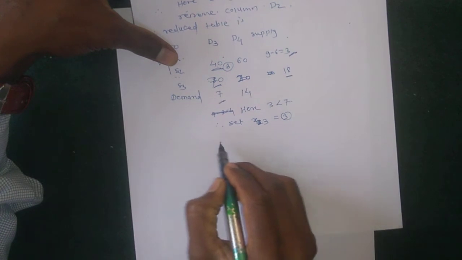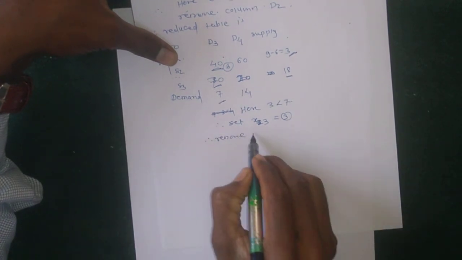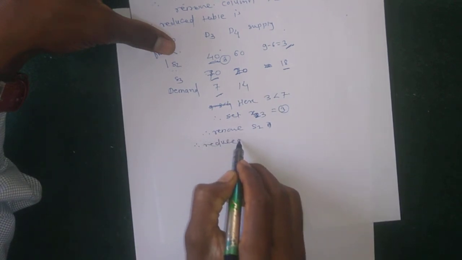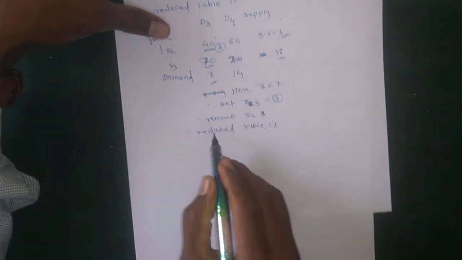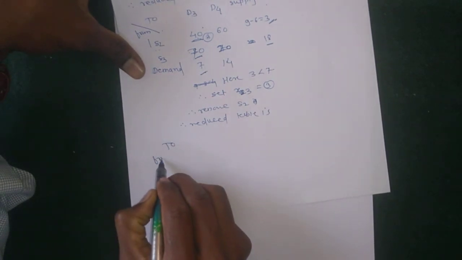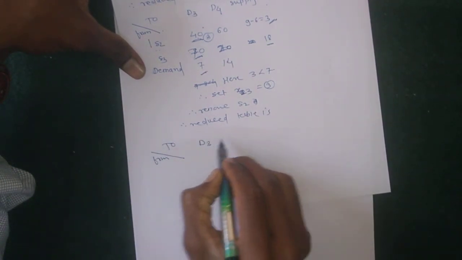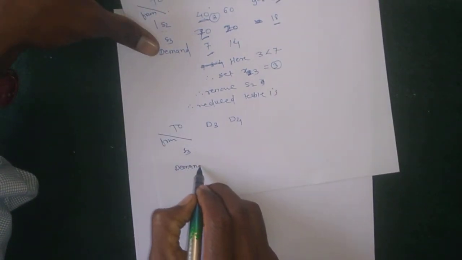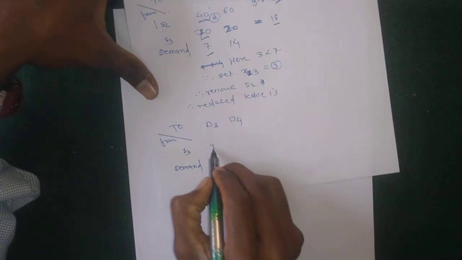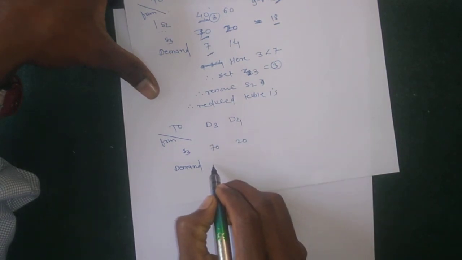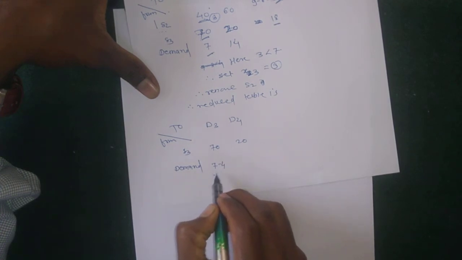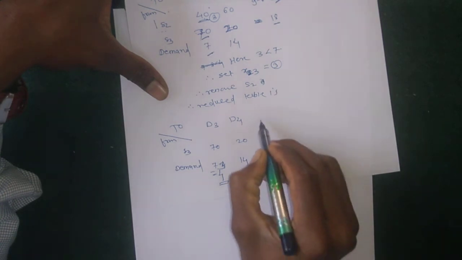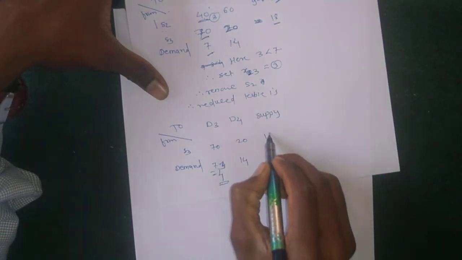Remove S2, and the reduced table is D3, D4 and only S3. The S3 column is 70, 20, demand is 7 minus 3 is equal to 4, here 4 and here 14 as it is, and the supply is 18.